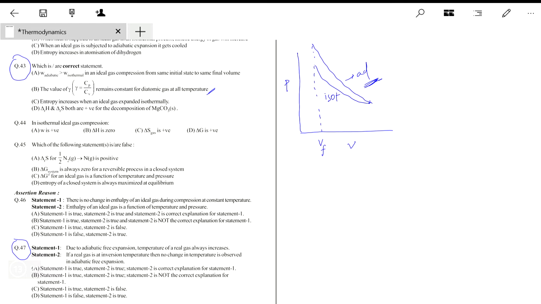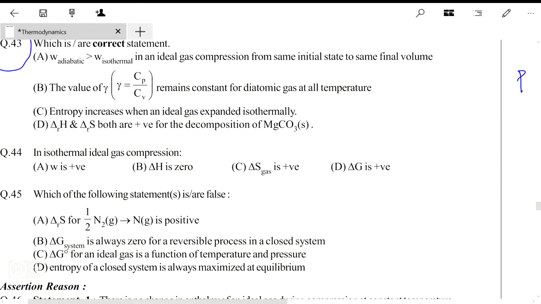Option C says entropy increases when an ideal gas expands isothermally. Yeah, that's right. For an ideal gas, delta S can be written as nCv ln(T2/T1) plus nR ln(V2/V1).